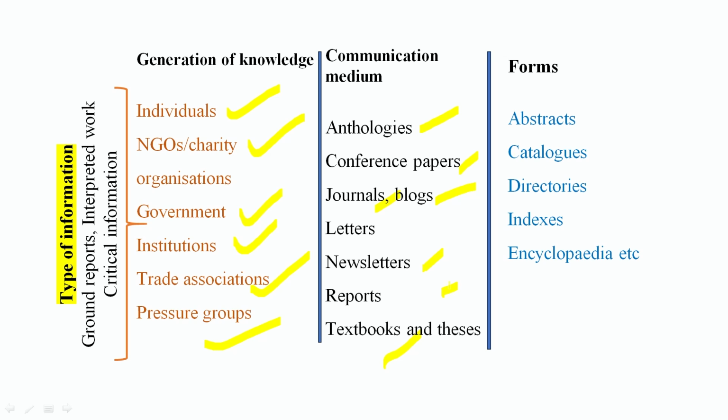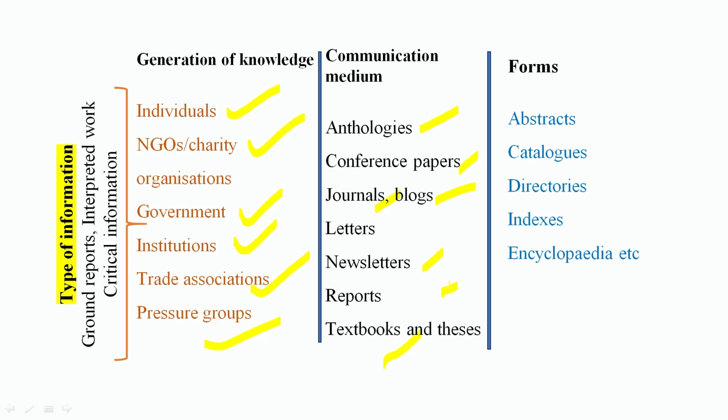What is the difference between the first and the second one? In the first one, the published information is available in the domain of, say, online or maybe printed format, where individuals or organizations bring out their studies or researches on a specific area.